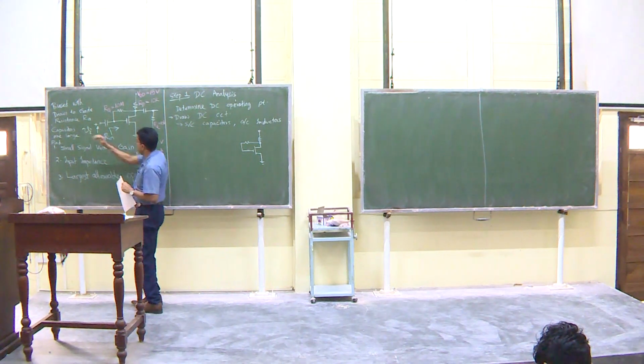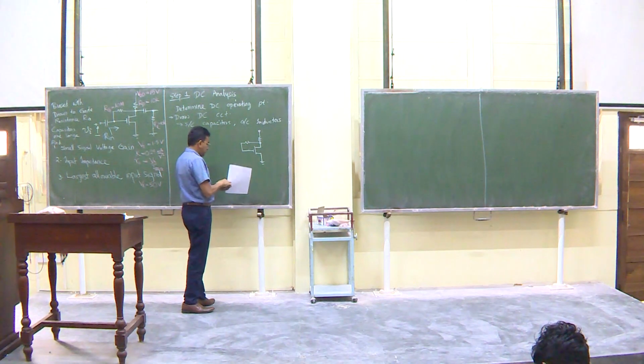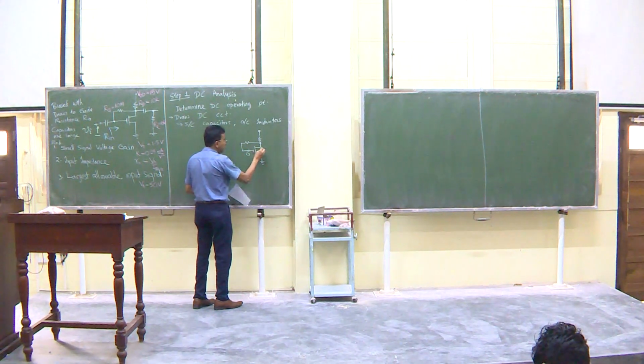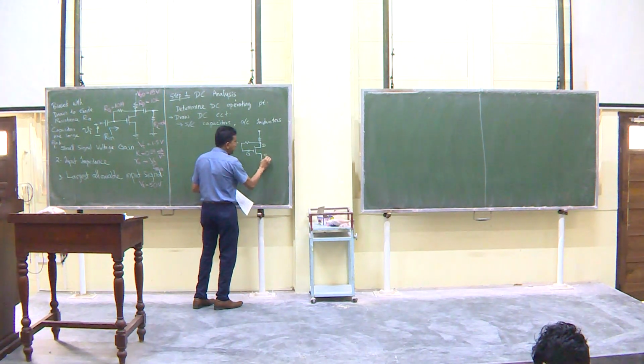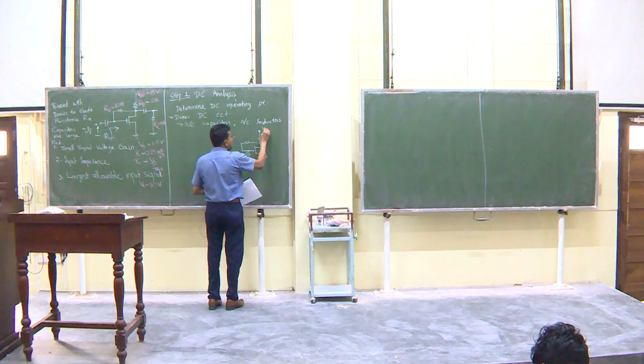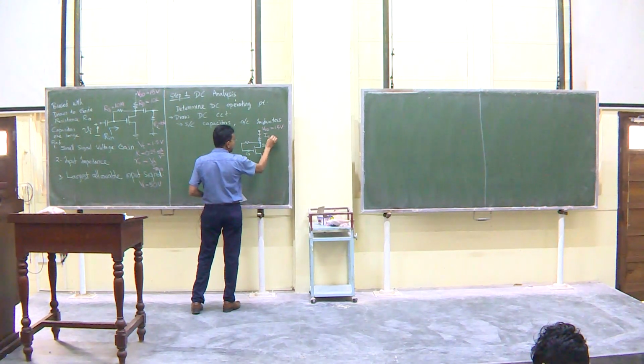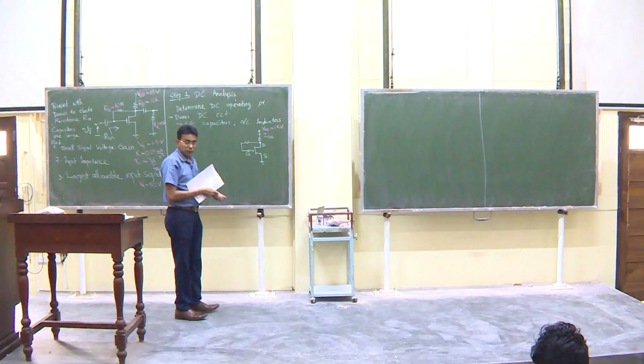This side is open circuit, that side is not there. So that's basically what you have, where this is the gate, this is the drain, and this is the source. And this voltage is VDD, 15 volts. You have IDS, these are all capital because these are DC quantities.